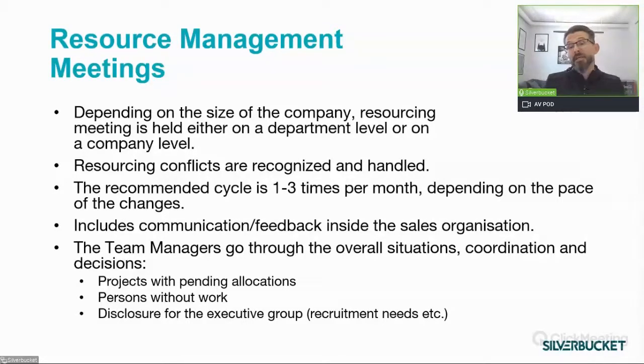When the project organization knows about these potentially large opportunities early enough, then they are able to be prepared for the possible changes. The basic agenda for this meeting includes to check the projects with pending allocations, to check people with not enough work, and also to report to the executive team.